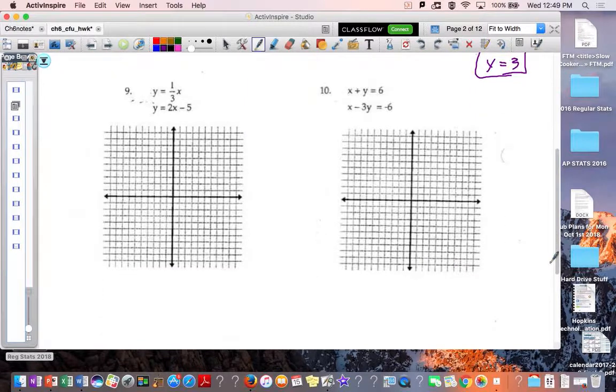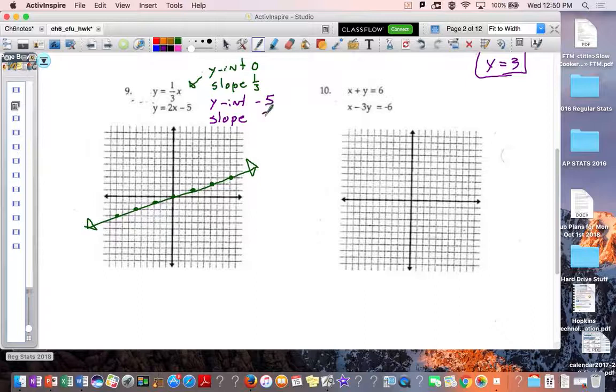All right, this one's nice because here my y-intercept is 0. Slope is 1/3. So I'm starting right at the origin, up 1 to the right 3. So I do that, or down 1 to the left 3. Graph those. Beautiful. Then on the second one, oh, this is really nice. Y-intercept is at -5.